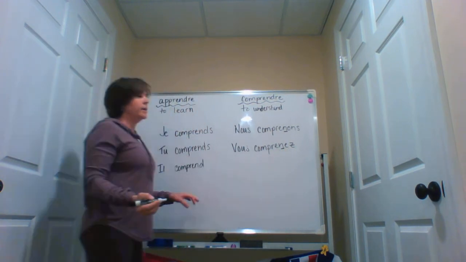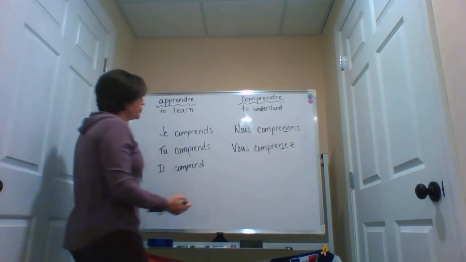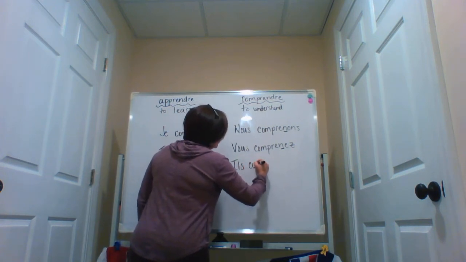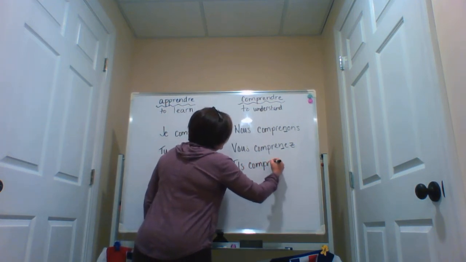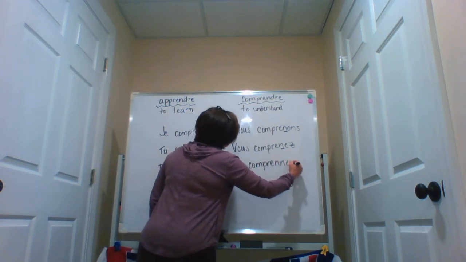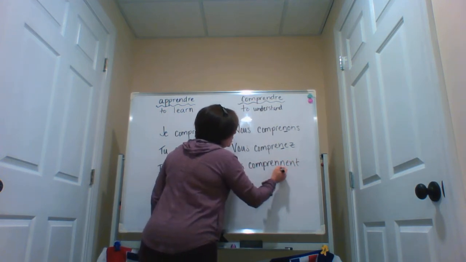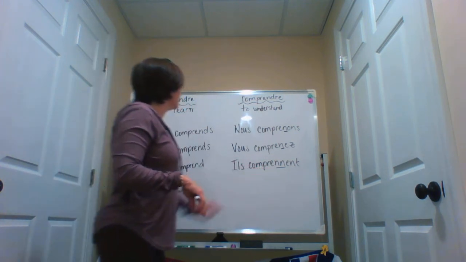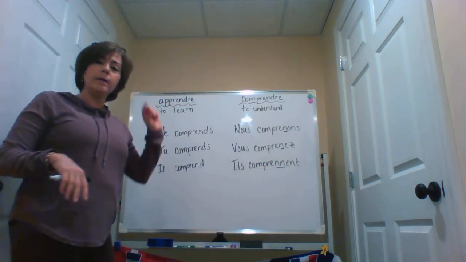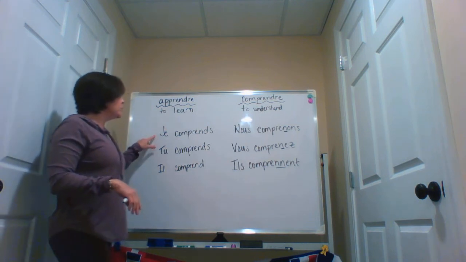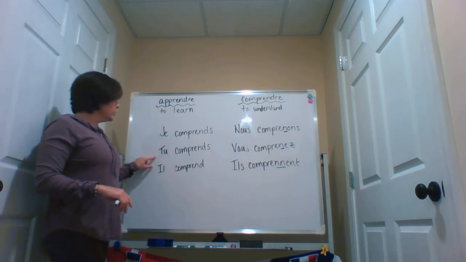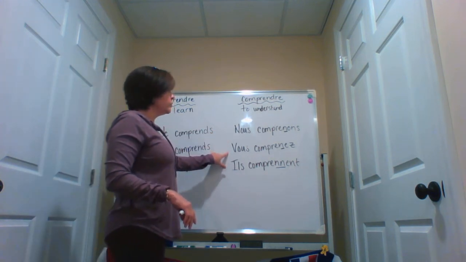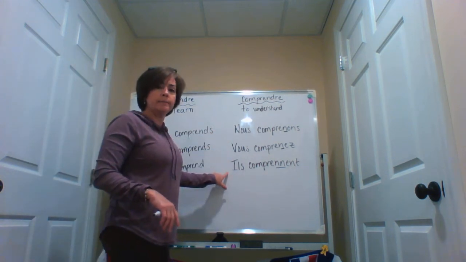Underline the one N. And then our third person plural, ils comprennent. Hang on to the N a little bit because I have two N's there and we're going to underline that there. So from the top, écoutez, répétez, je comprends, tu comprends, il comprend, nous comprenons, vous comprenez, ils comprennent.